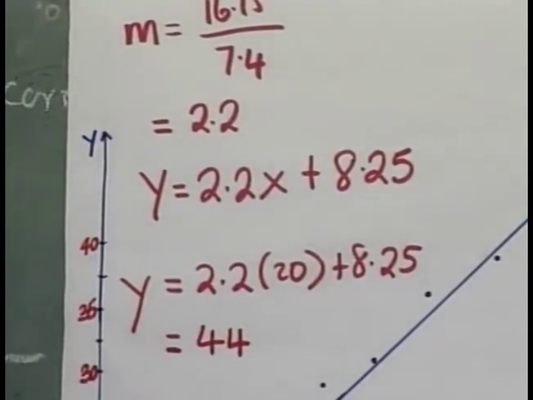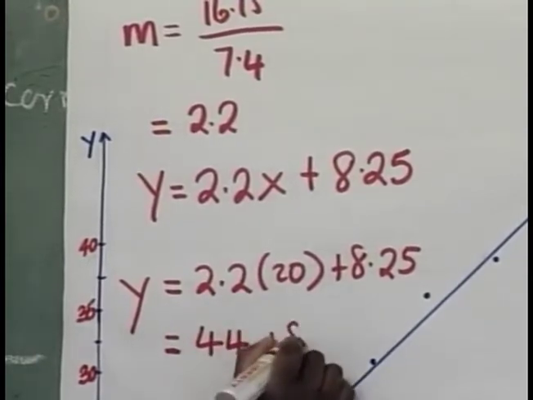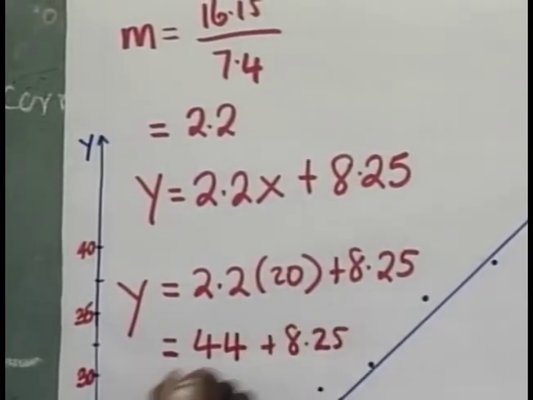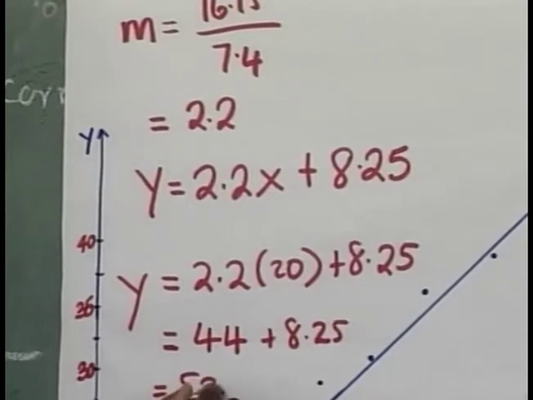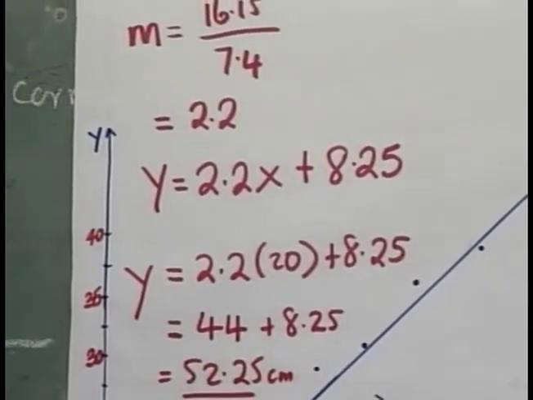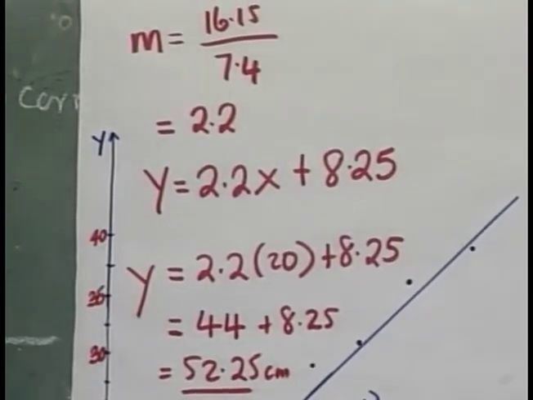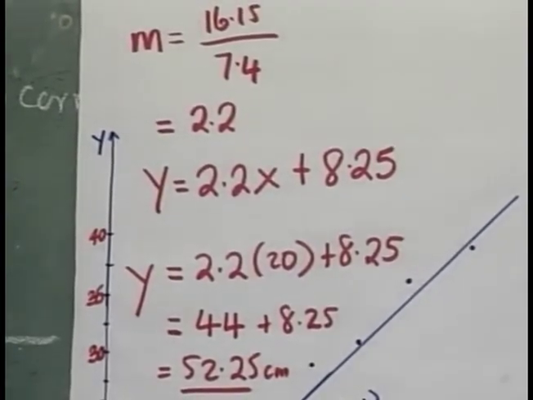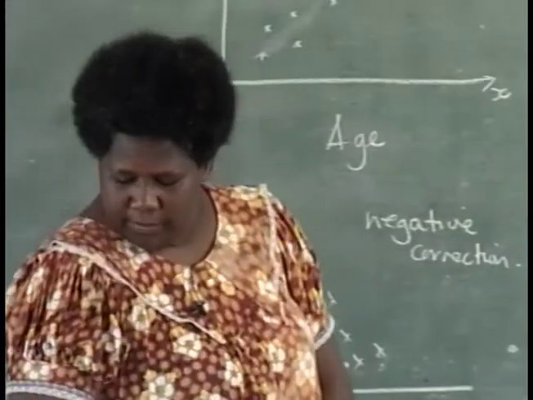Is 2.2 times 20, 44? 44 plus 8.25, 52.25. Okay, very good.